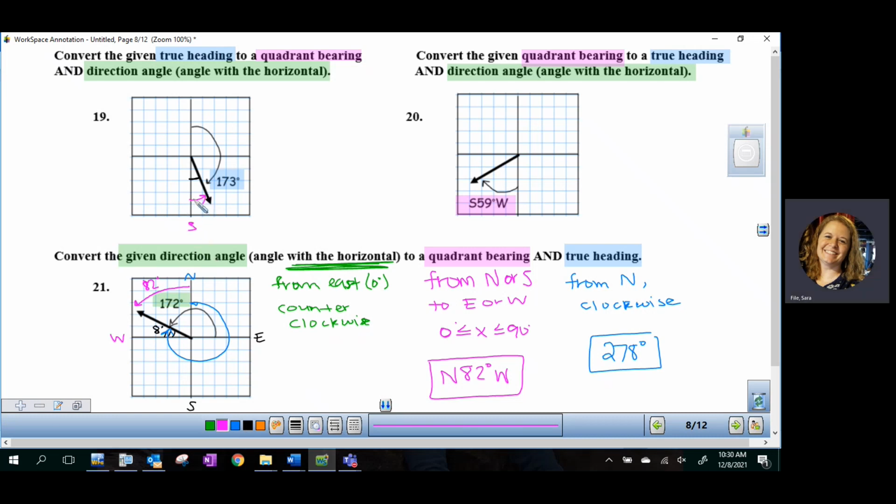Going here, is that going east or west? Going east, okay. What would this small angle be? If this is 173, a semicircle is 180, right? So what is this? 7 degrees there. So this would be 7 degrees east of south.